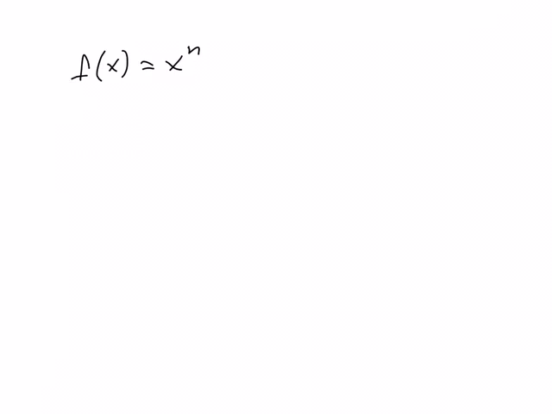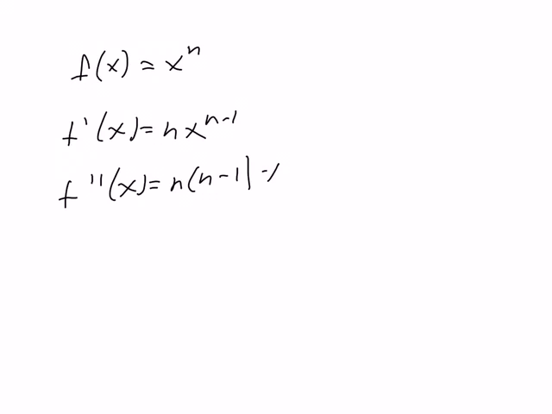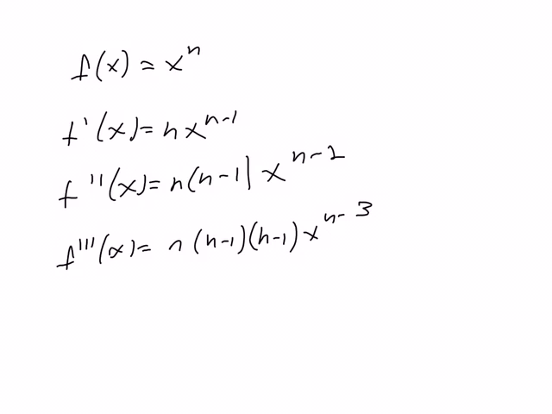Well, let's look at what happens. f prime of x is n x^(n-1), and f double prime of x is n(n-1) x^(n-2). f triple prime of x is n(n-1)(n-2) x^(n-3).